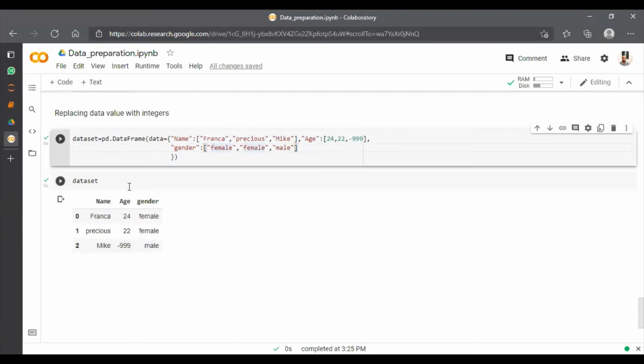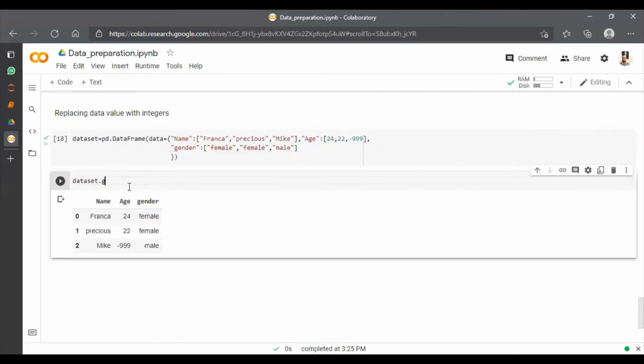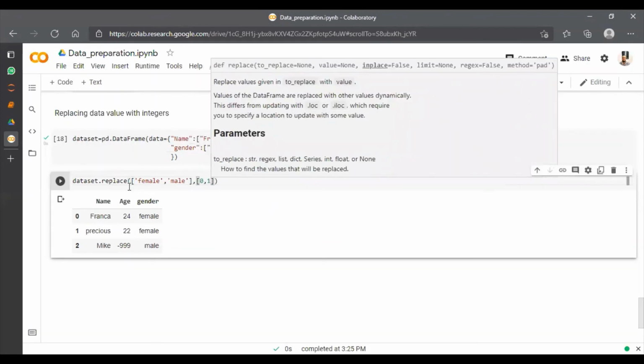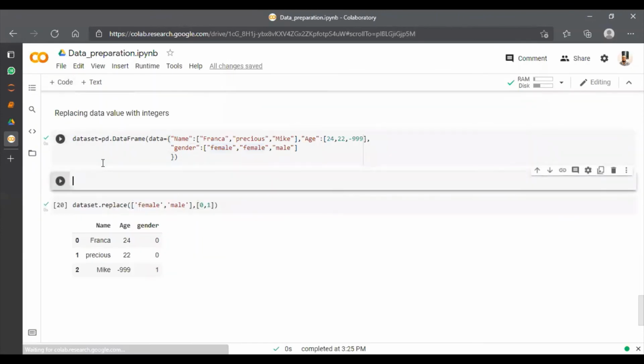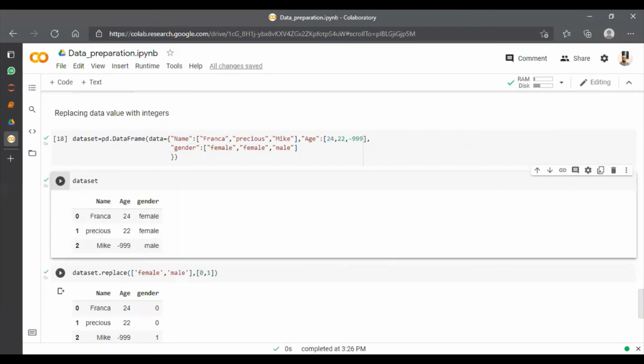I can replace them with integers using the replace function, replacing the two values, female and male, with ones and zeros. Something like this. Now I've replaced female and male in this data set with ones and zeros. Do you understand that?